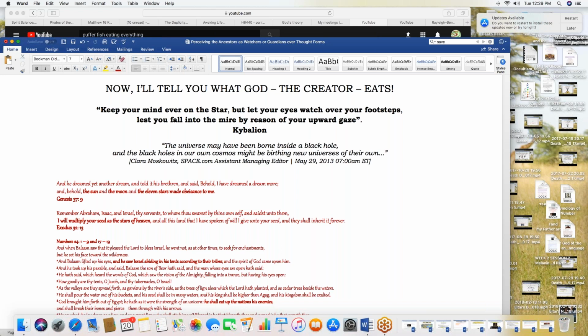And I immediately started thinking about the black hole. Now you remember when we were talking about and learning about how to solve these paradoxes. There was a statement that we read from the Kybalion that said, keep your mind ever on the star.